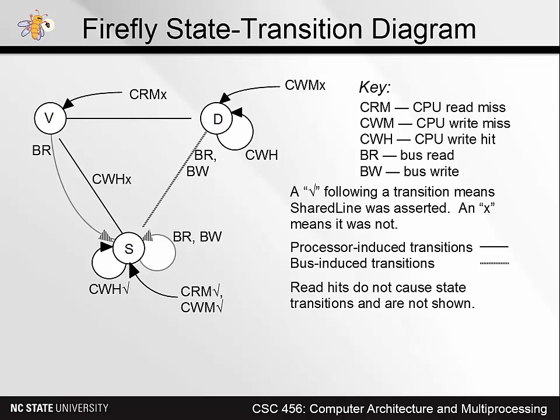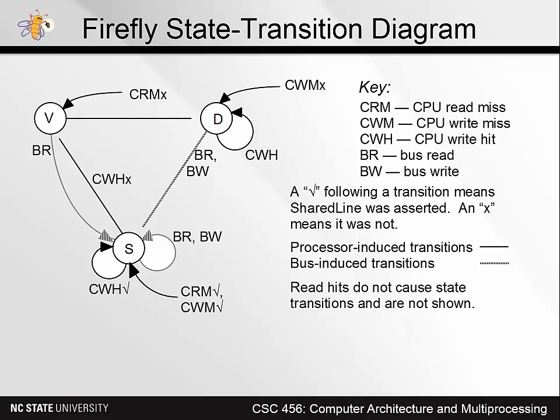Now, let's consider the bus-initiated transitions. If the block is in state S and another processor reads or writes it, that is, a bus read or a bus write occurs, the block stays in state S. If the block is in state D and another processor reads or writes it, it transitions into state S. As we've already said, the change is written through to main memory.